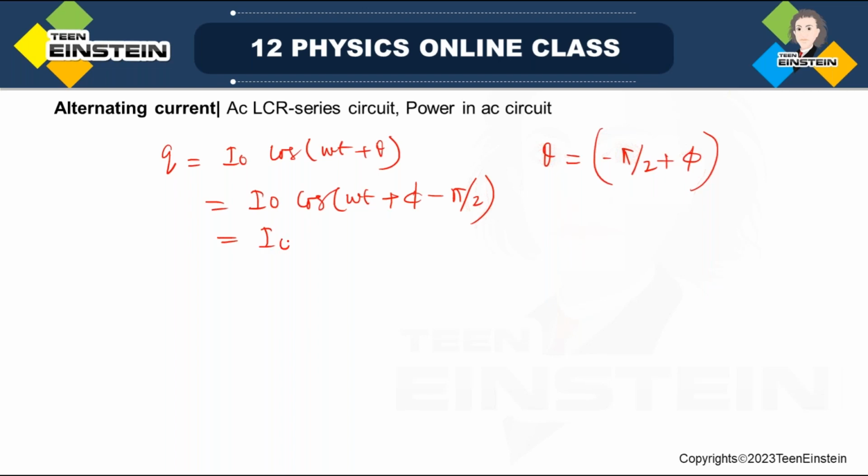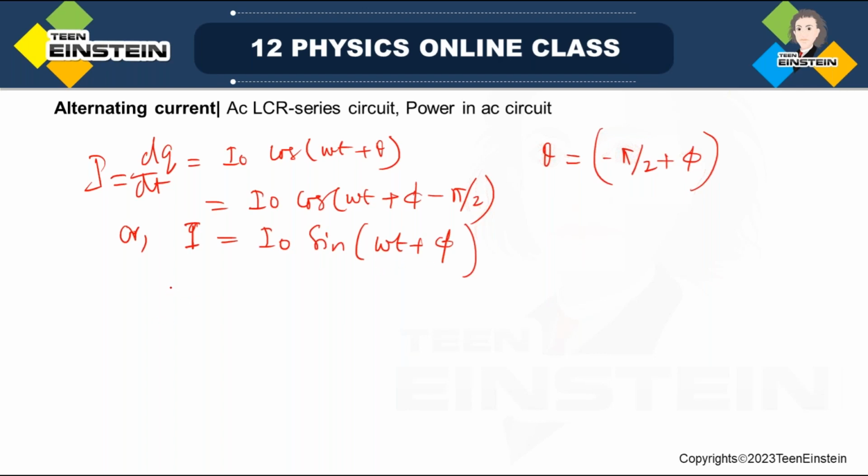So this is actually I0 sine of omega t plus pi. See, this is actually dq dt, or I, the instantaneous value of the current. Instantaneous value of the current, we have got I is equal to I0 sine of omega t plus pi.